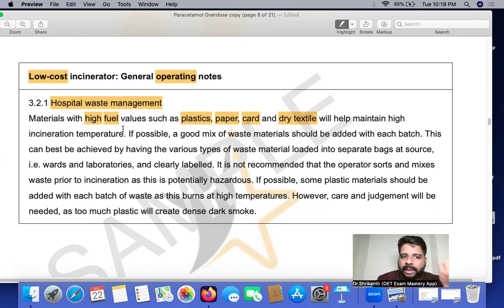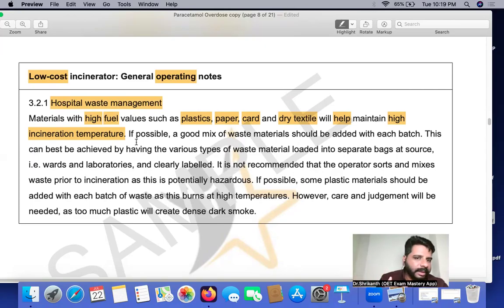Now they're telling materials such as these will help maintain high incineration temperature. That is the key word over here. So when we are using this incinerator, if you want to maintain a very good temperature, one helpful piece of advice is to use a lot of high value fuel materials.